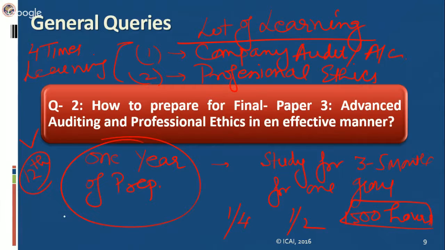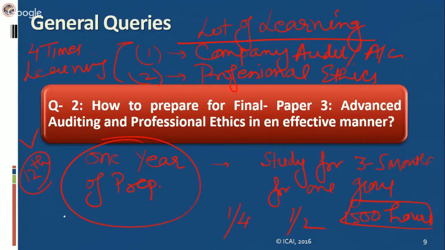Then 140, 141, 142. So up to section 148, you need to learn. Only then you are able to write in the examination. So this is the basic strategy I disclosed to you, that learning is a must in case of company audit.